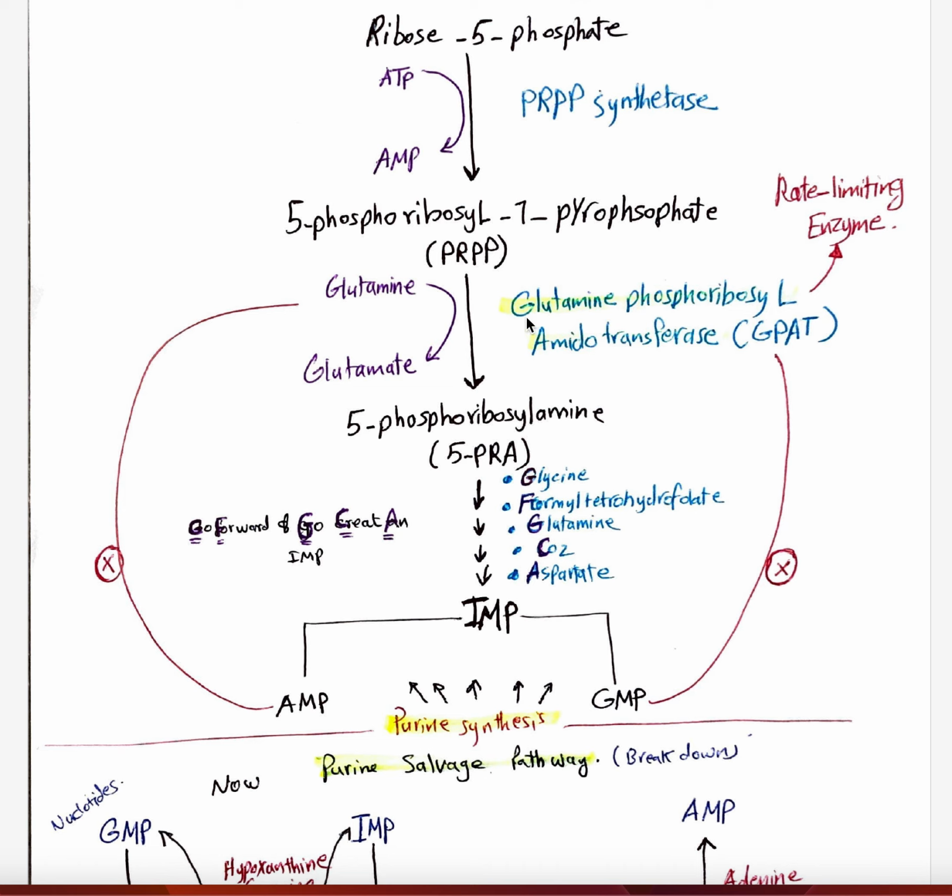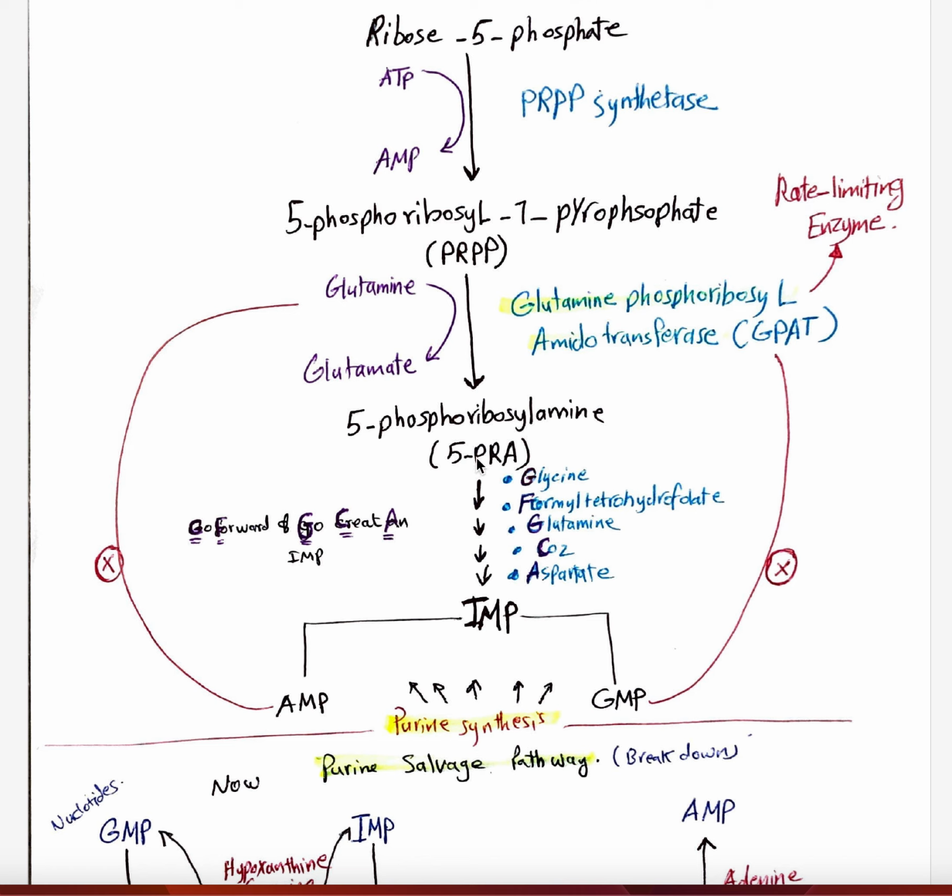The enzyme is called glutamine phosphoribosyl aminotransferase, because we take the amide group from the glutamine and add it to the phosphoribosyl. This is the action of this enzyme. And this is the rate limiting enzyme, because we have to know in each reaction, in each cycle, which is the rate limiting enzyme, as we discussed before in the ketone bodies.